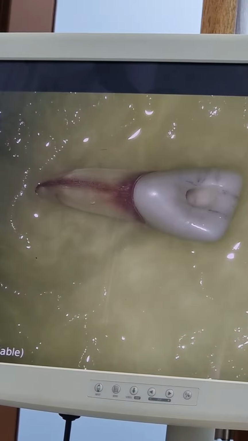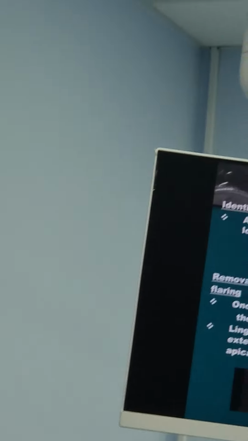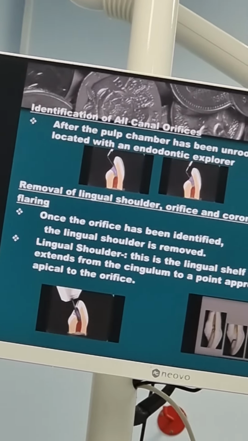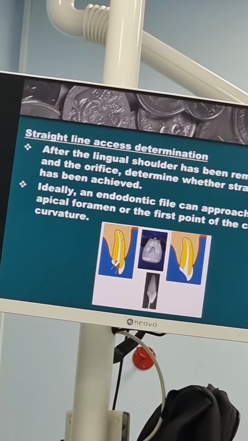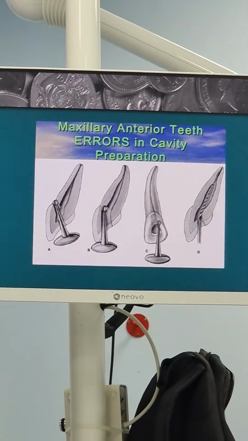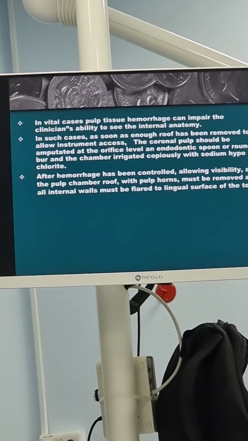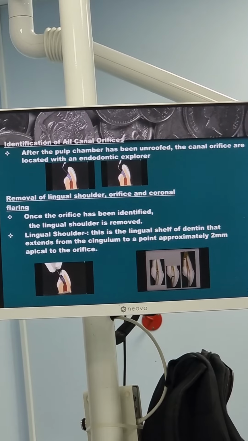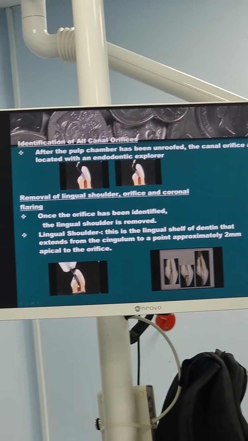Now what is this lingual shoulder? Just see the slide on the screen. You see this green part here on the arrow.